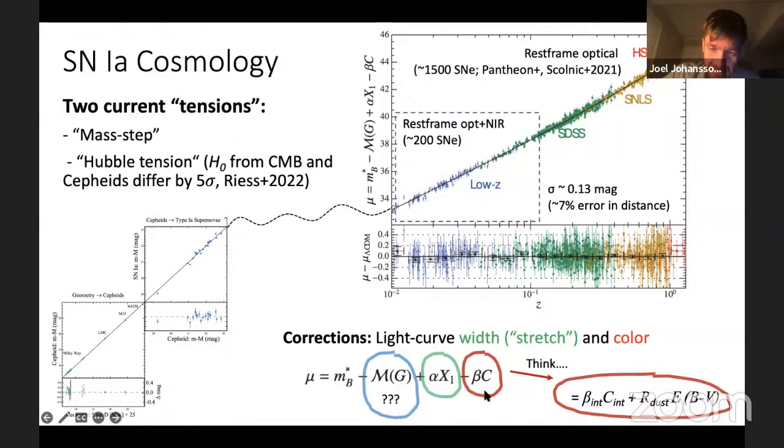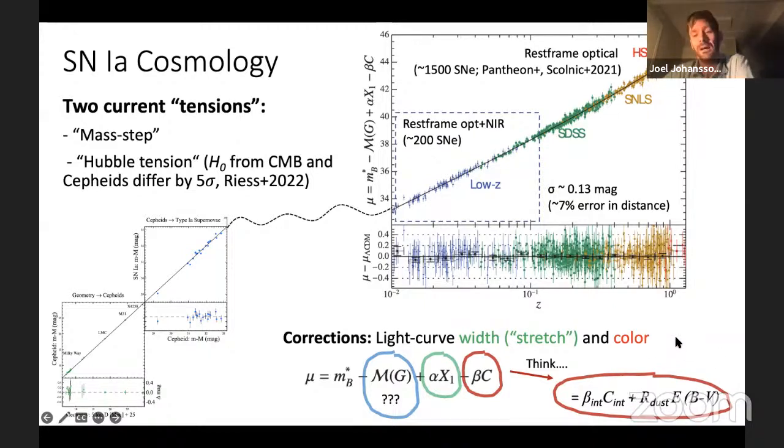So this last term is really a convolution of some intrinsic color variation among the supernovae, and then on top of that you have some dust extinction that you have to correct for.